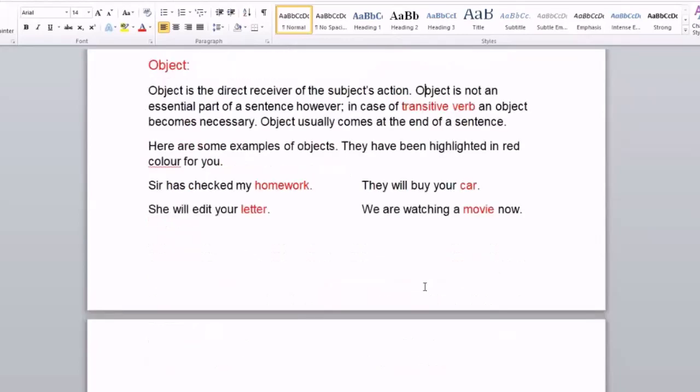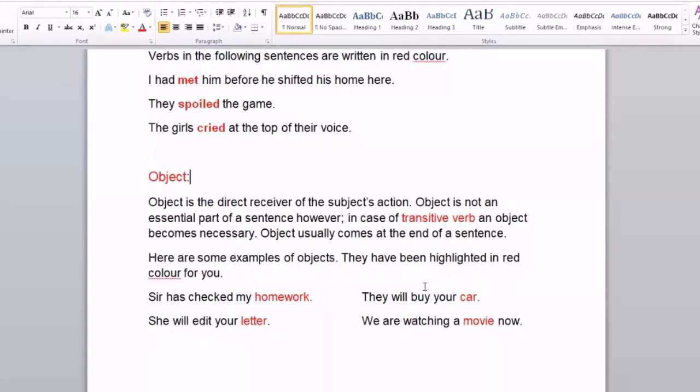Now I've written a few sentences for you, in which I've highlighted the objects in red color. The last point about object is that usually object finishes a sentence, or in simple words, object comes at the end of the sentence.